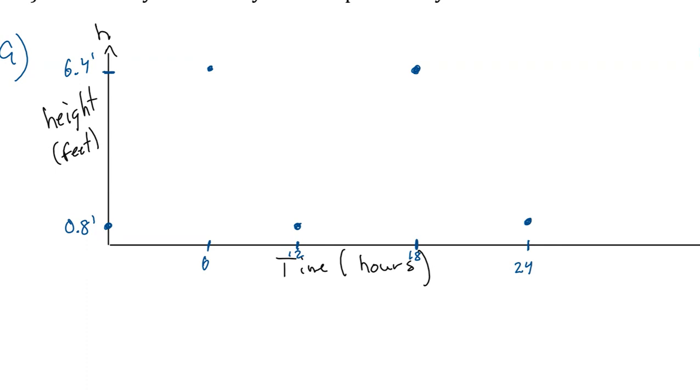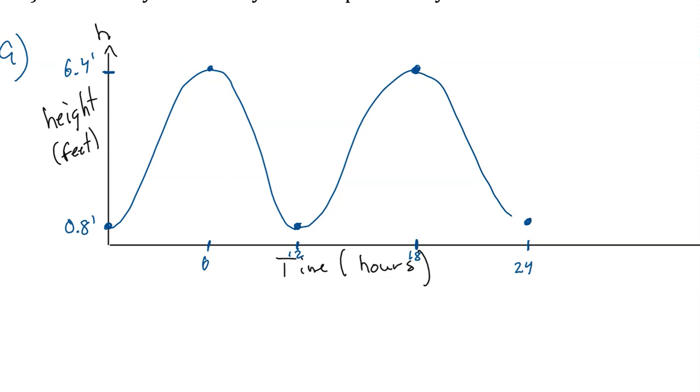Now I'll draw it. Last point was a little bit far out, but not bad actually. So you can see that was 2 cycles. Repeats every 12 hours. We had to draw 24 hours of it, so that was 2 cycles.